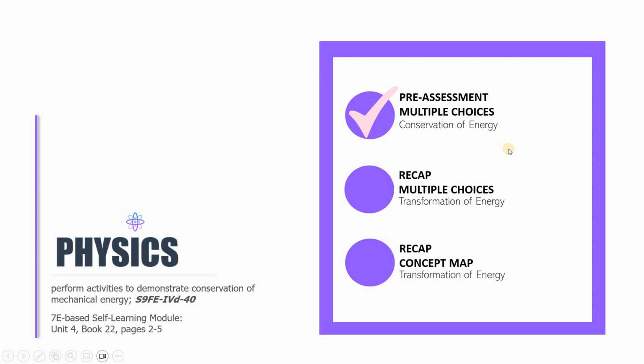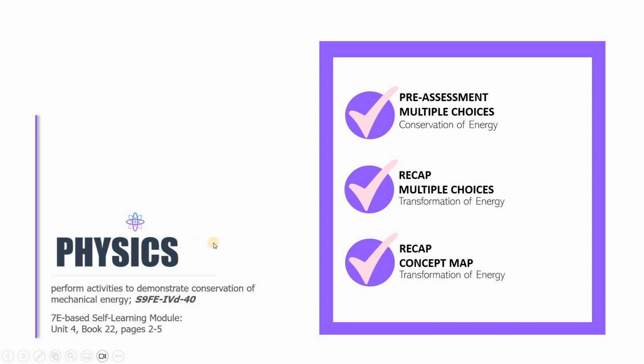First, a pre-assessment with multiple choice items on conservation of energy, which is the topic of the current book. The second part was a recap assessment with multiple choices about the transformation of energy, a topic from the previous book. And the last part was a recap of concept maps about the transformation of energy.